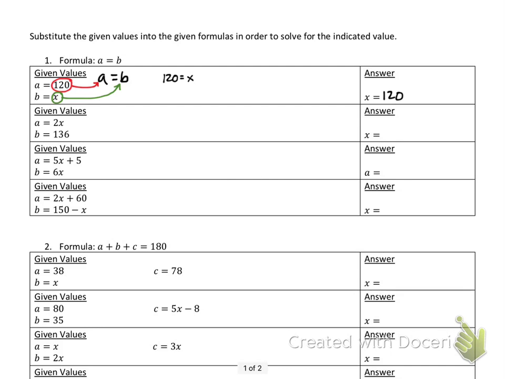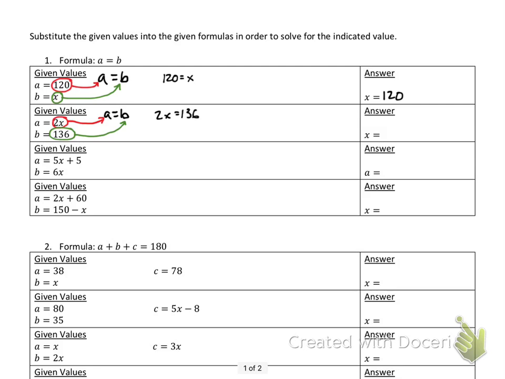All right, the next one. I'm still going to write my formula again. A equals B. Now, it gets just a little, like 1 step more challenging. So there's my A and my B values that I just circled. I'm going to substitute 2x in for A and 136 in for B. So now I've got 2x equals 136.